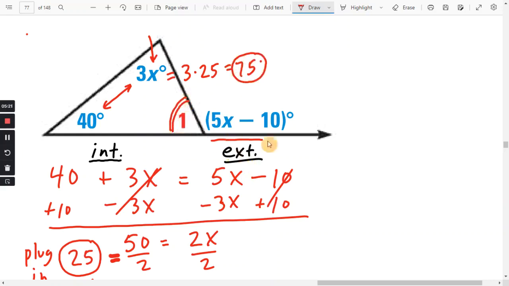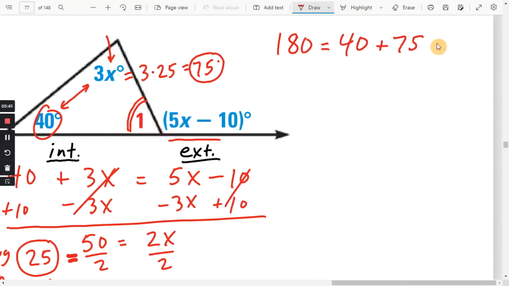We know the angles inside of a triangle add up to 180. So if I add those three, it should equal 180. So we have 40. We have 75, this angle right here. And angle 1 we don't know. So plus the measure of angle 1.